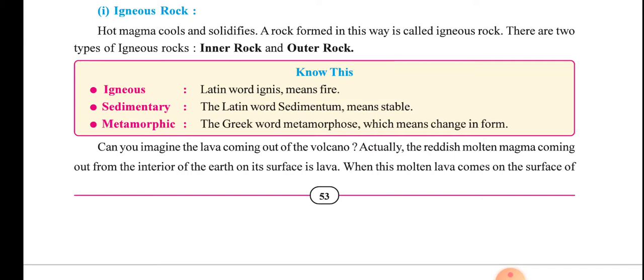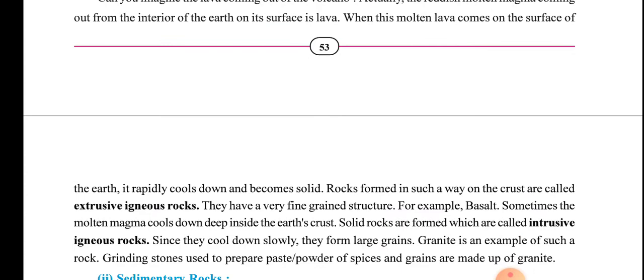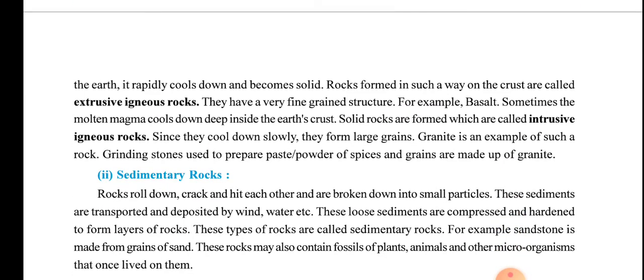So can you imagine the lava coming out of a volcano? Actually, it is the reddish molten magma coming out from the interior of the earth. On the surface it is lava. When molten lava comes onto the surface of the earth, it rapidly cools down and becomes a solid. Rocks formed in such a way on the crust are called extrusive igneous rocks.